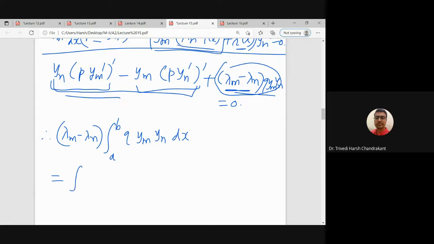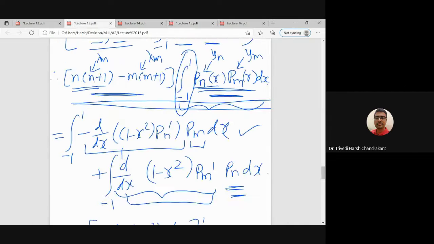What we shall get is integral a to b ym p times yn dash, derivative of that, dx minus a to b yn p times derivative of p ym dash dx, right?